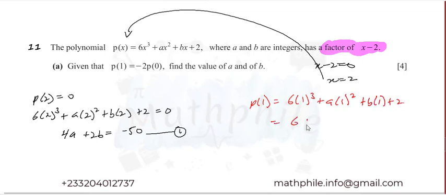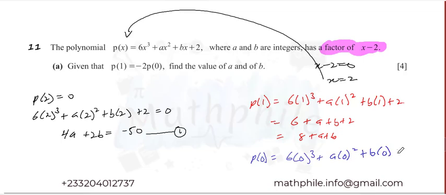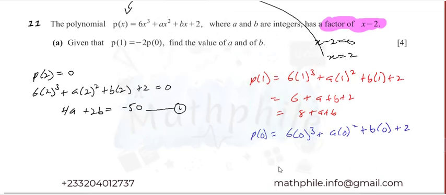This becomes 6 plus a plus b plus 2, and there's 8 plus a plus b. That's p of 1. Let's attempt to find p of 0. P of 0 will be 6 of 0 cubed plus a of 0 squared plus b of 0 plus 2. So p of 0 is going to be equal to 2.